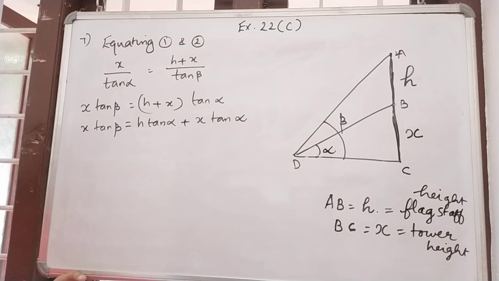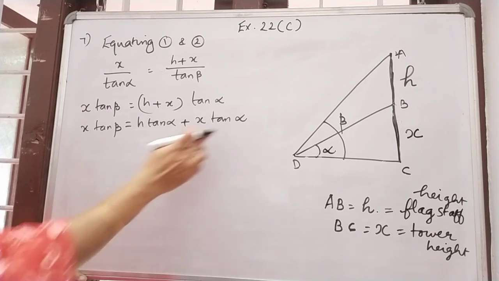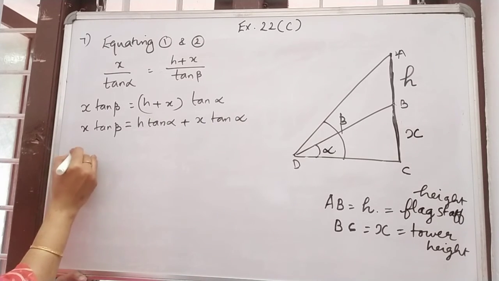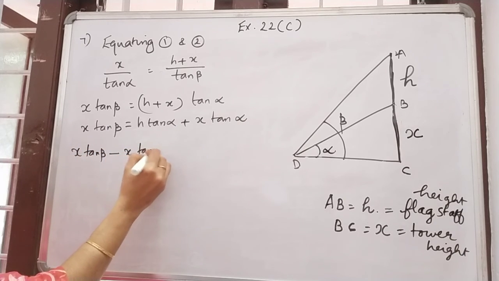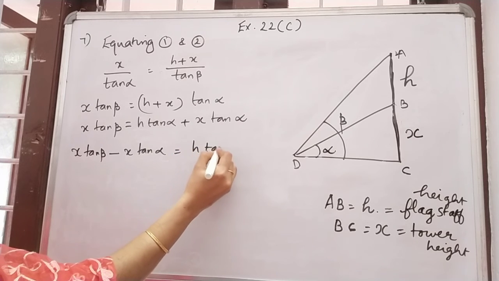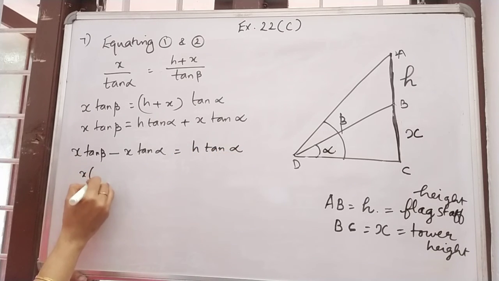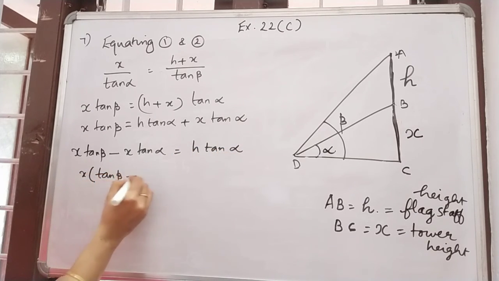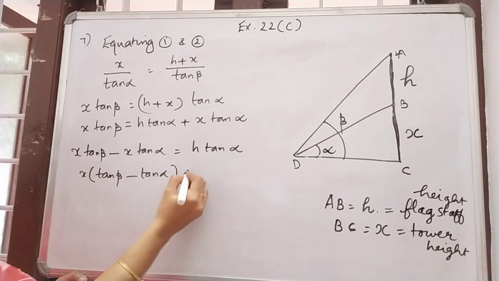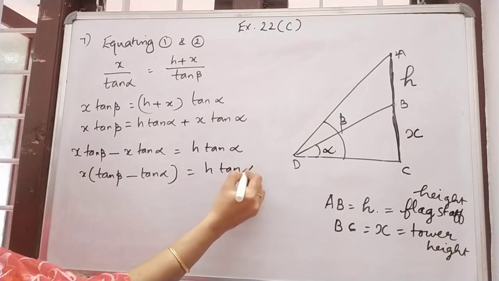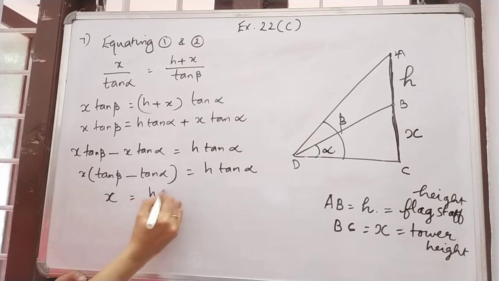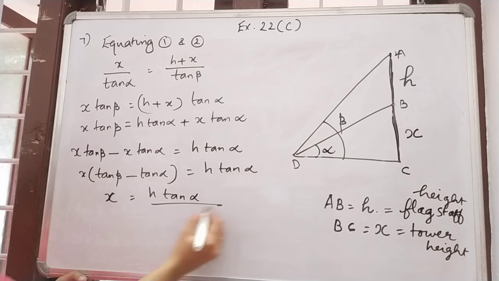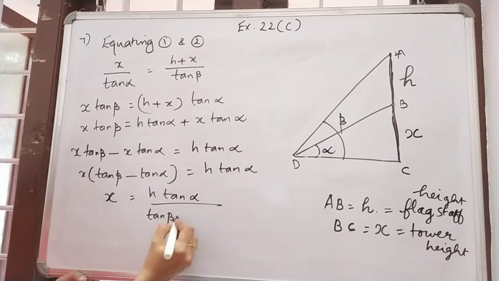We have to find x now, so we take x tan alpha to the left side: x tan beta minus x tan alpha is equal to h tan alpha. Taking x common, x into tan beta minus tan alpha is equal to h tan alpha. So x is equal to h tan alpha divided by tan beta minus tan alpha.